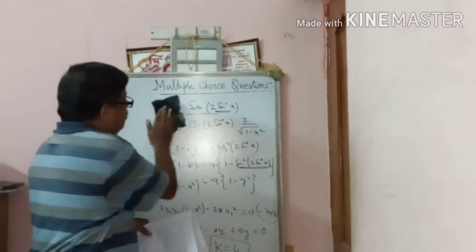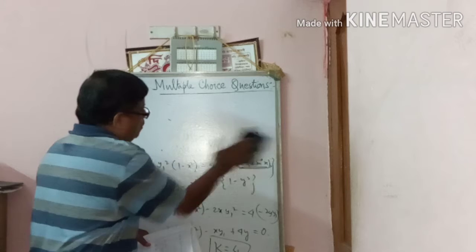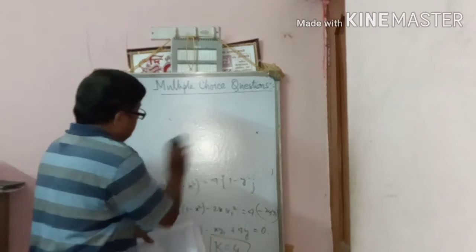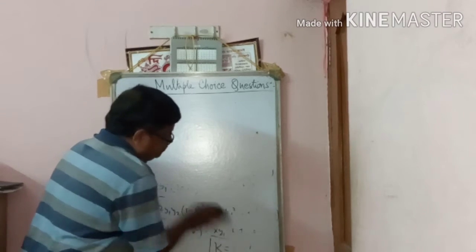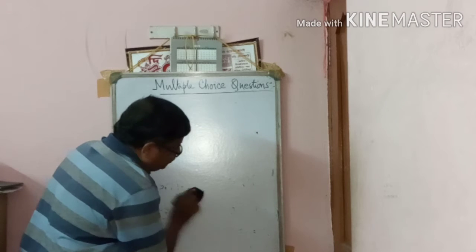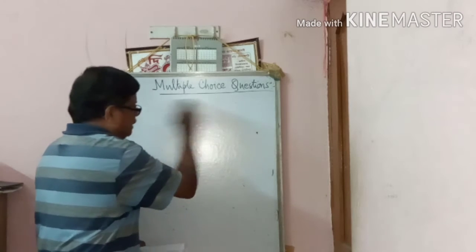The derivative of an odd function. The question is, the derivative of an odd function is given: odd, even, none of these. All of you know the derivative of an odd function is even, and of an even function is odd.